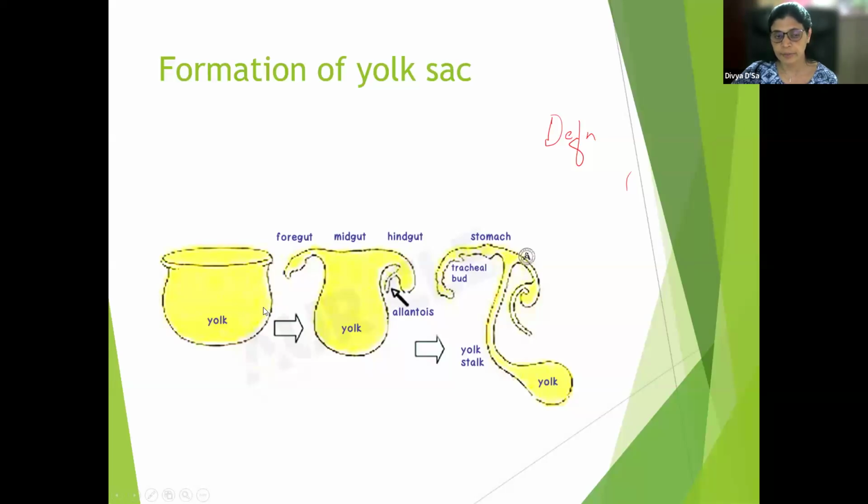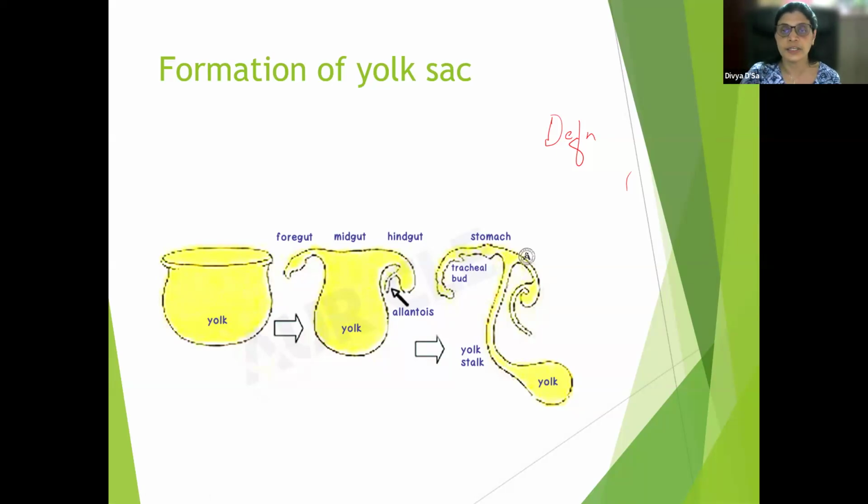During development, the yolk sac follows 3 stages: the primary, the secondary, and the tertiary. The cavity of the blastocyst is converted into the primary yolk sac when it is lined by flattened cells derived from the endoderm.